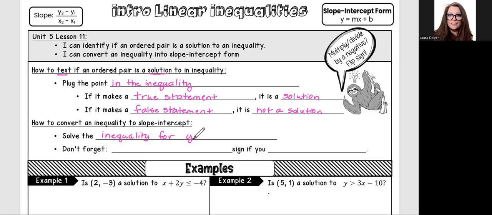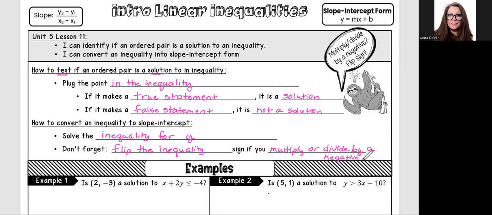However, because it's an inequality, don't forget to flip the inequality sign if you multiply or divide by a negative.